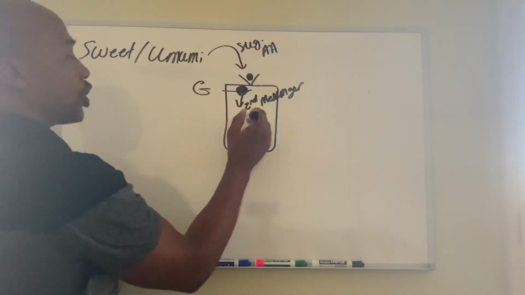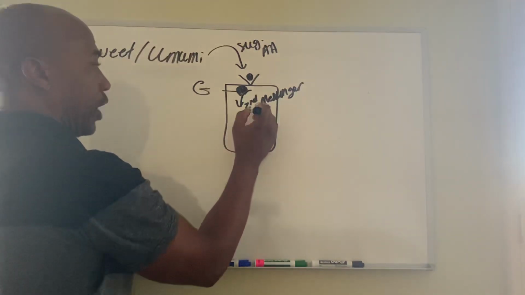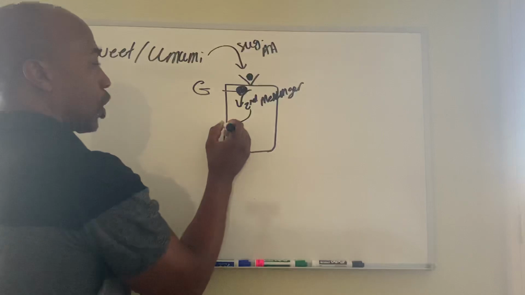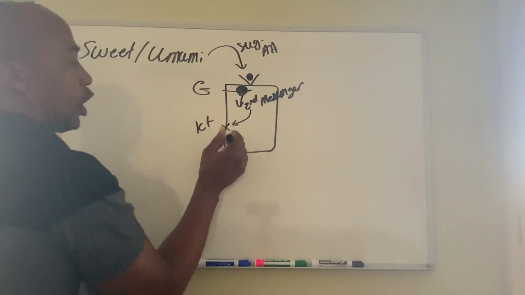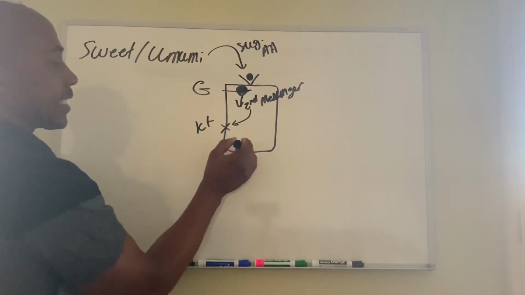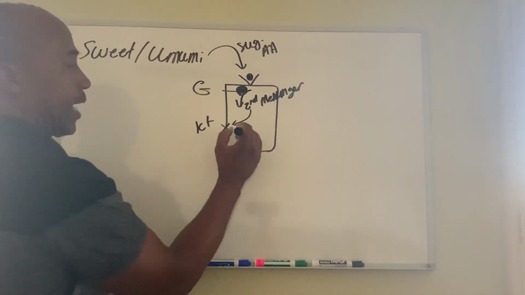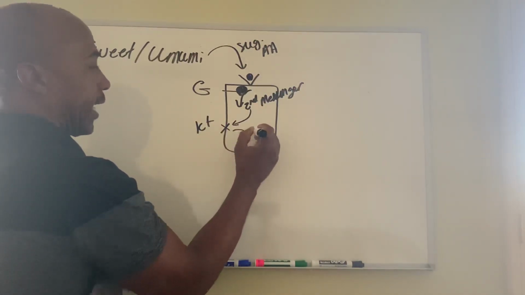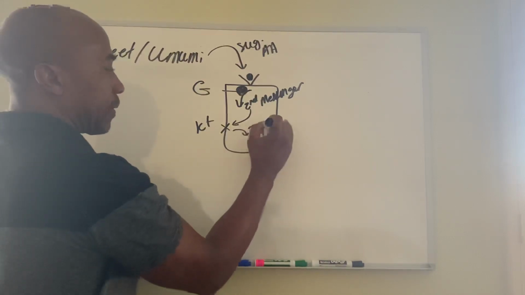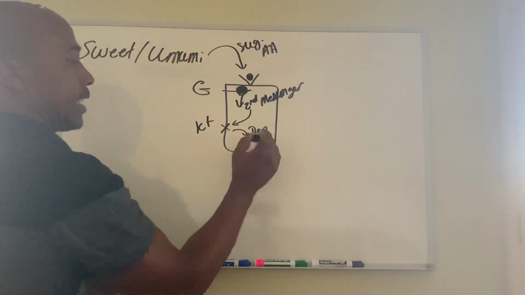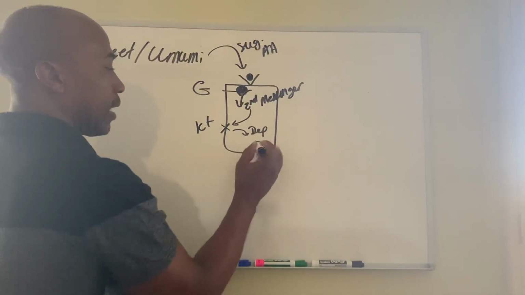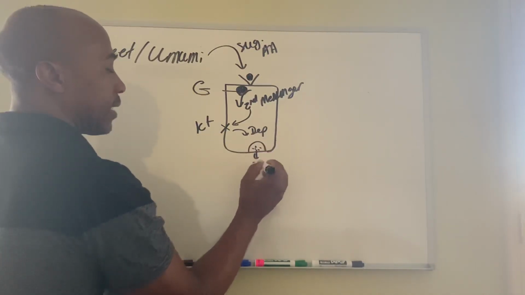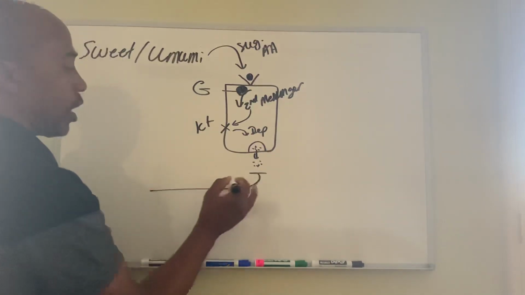And that second messenger in this case will close potassium gates. If you close the gates, that means potassium can't leave, and that will cause a depolarization in the cell.